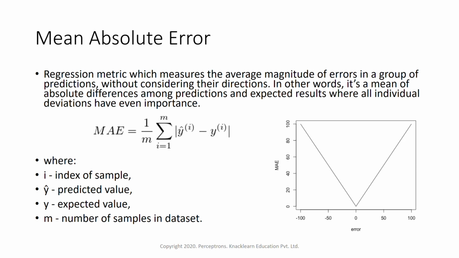So here one more thing to know is that mean absolute error is less than root mean square error as the sample size goes up. When the sample size goes up, the value of mean absolute error will be less than the RMSE value. Also, mean absolute error is less biased for higher values, while mean squared error is highly biased for higher values.